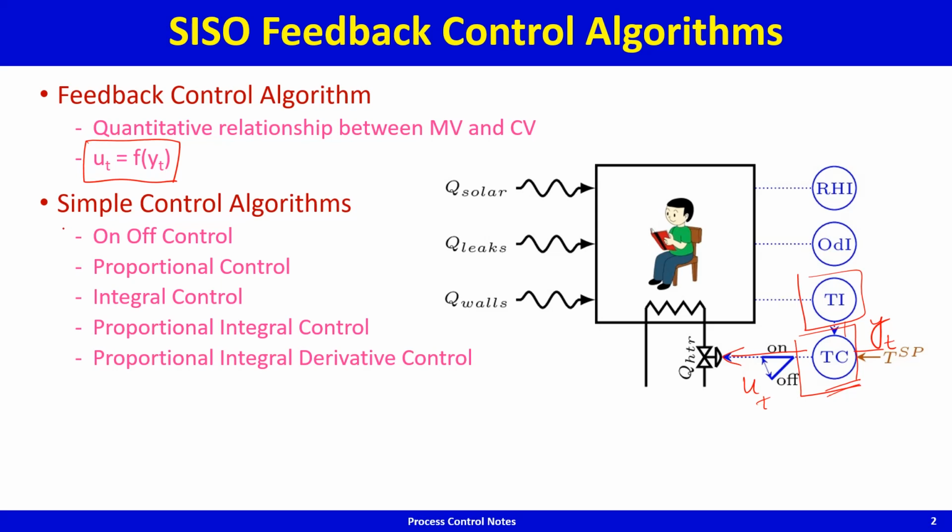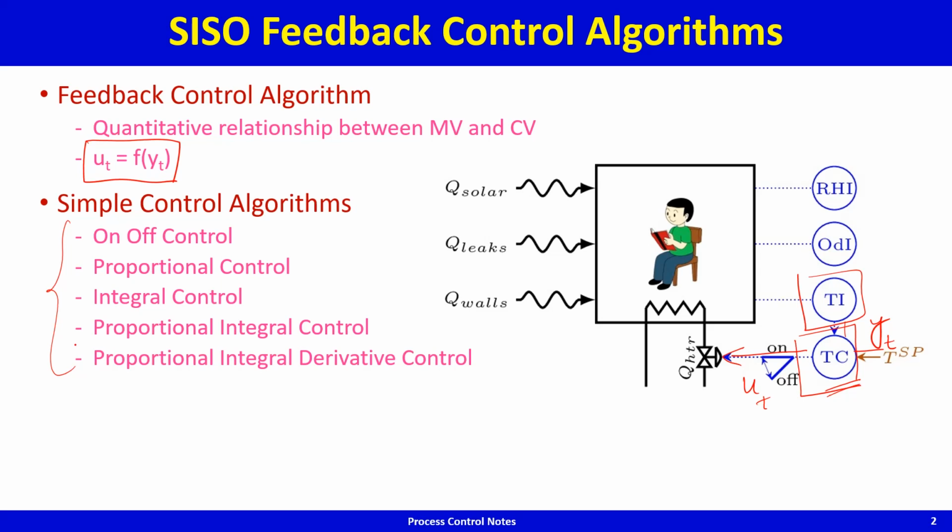These are very simple single input single output control algorithms that are used in practice, and let's just use our common sense and think through these control algorithms and see why they make sense.